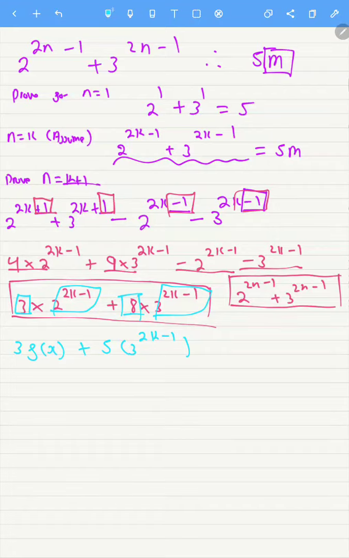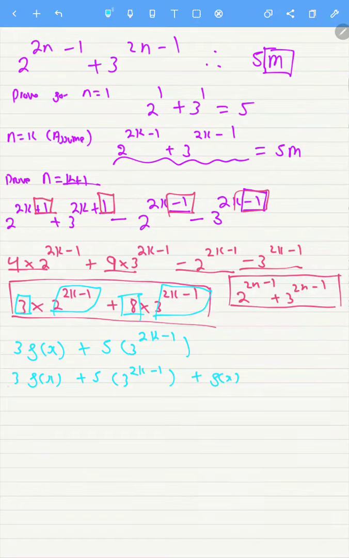So now, finally, what you have to do is f of x plus 5 times 3 to the 2k minus 1. And then you took away an f of x at the start, so you have to add that back on, plus f of x.